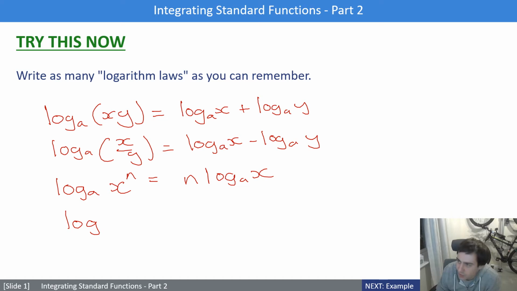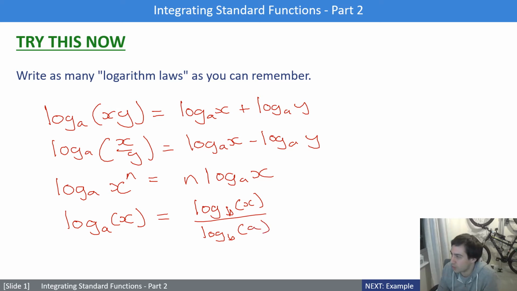So if you've got log a of x, or sorry, let's say you want log a of x, but you've only got log b of x, this is effectively the transformation you need to do. You take your log b of x and you divide it by the log b of a, this mystery a that you want as a base, and then you'll get the left hand side. Remember, the thing on the bottom is actually just a constant. It's just a number, because a is a constant.